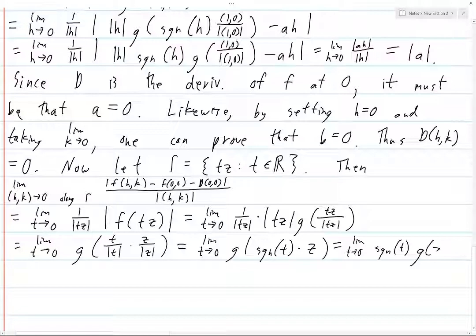Okay, so now what do we know about this limit? If we approach this limit from the right, sine of t will be positive and g of z will be whatever g of z is. And so we're going to end up with positive g of z. If you approach 0 from the left, then sine of t is going to be negative, and so you're going to get negative g of z.